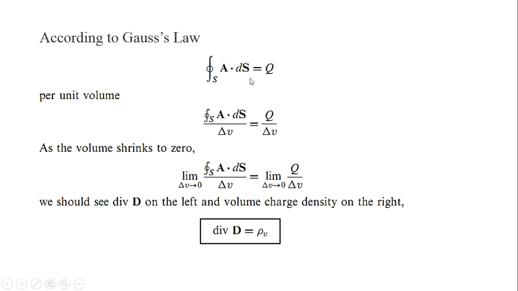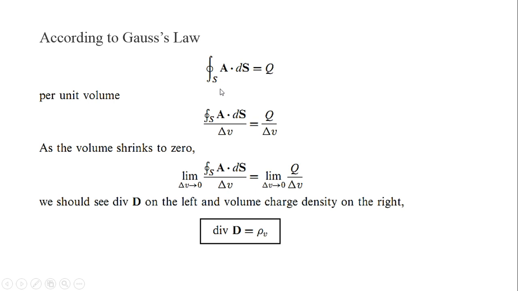If A is replaced by the electric flux density, the closed surface integral of the electric flux density is the total electric flux that is leaving a closed surface, and Gauss's law relates that flux to the charge enclosed by the closed surface.